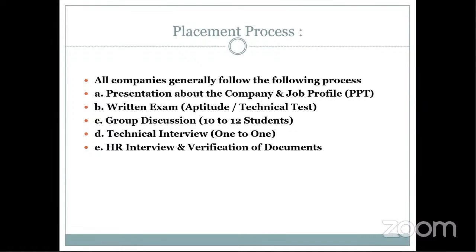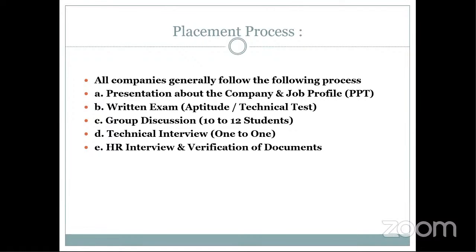Once we're done with this pre-placement talk, later on it depends on the company and varies from company to company. It is not necessary that these selection rounds mentioned here, written exam, group discussion, technical interview, and HR interview, are going to happen in every company. But somehow these rounds are mandatory and followed.